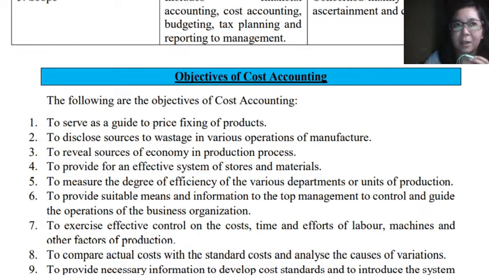Meaning, first you have to identify the costs that you have spent or incurred in producing your goods.